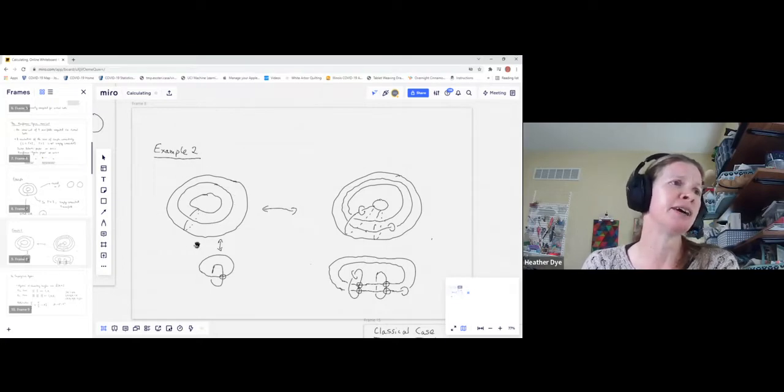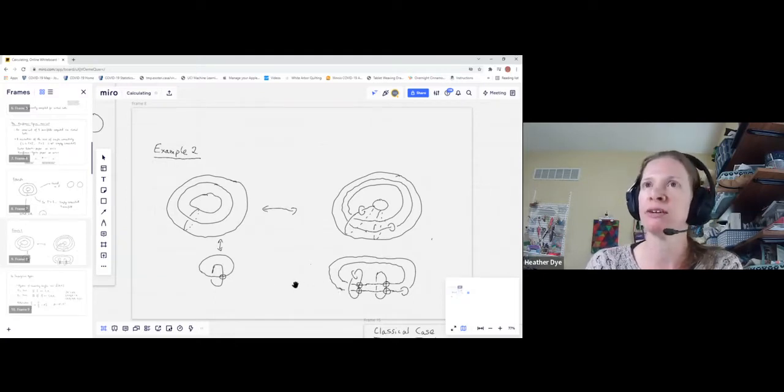So here are two links in the torus cross I, which are equivalent under the Kirby calculus. And then below each of these, I've produced their corresponding virtual link diagrams, which are also equivalent via the Kirby calculus, like the planar version of the Kirby calculus.